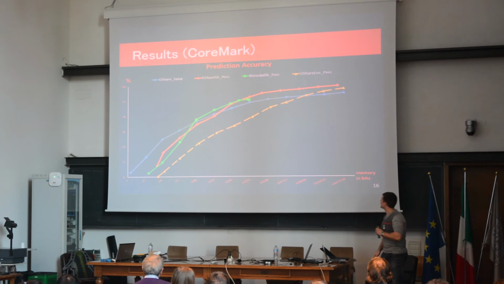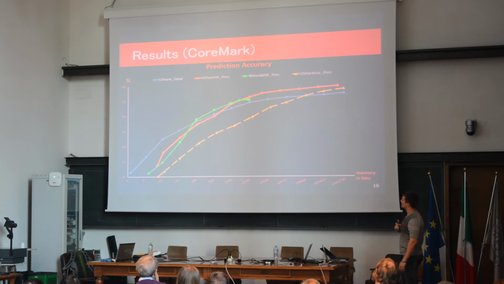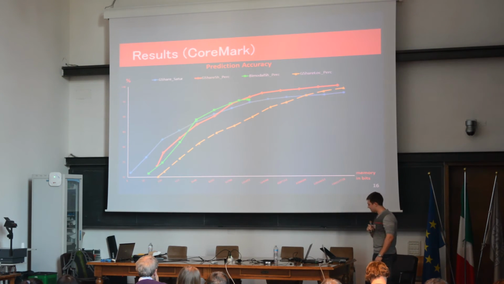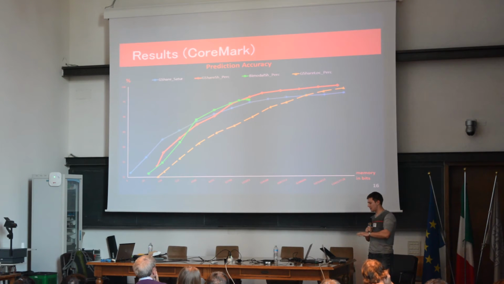And here are some results that we got with our predictors in CoreMark. The x-axis is the size of the predictor in bits, and the y-axis is prediction accuracy. I hope you can see that for really small sizes of the branch predictor, G-share with a saturating counter unit, which is most widely used in conjunction with others in combined branch predictors, is winning.